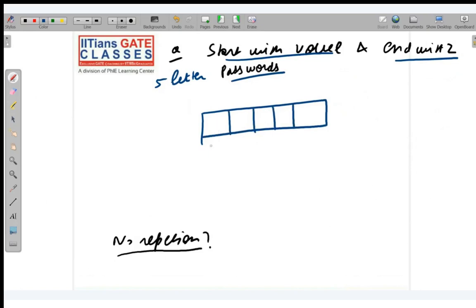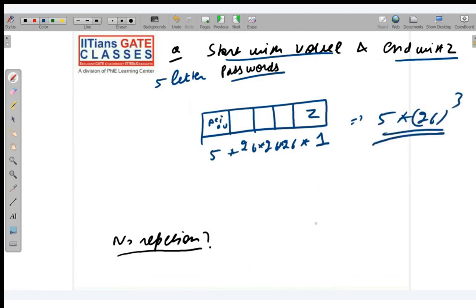I'm not writing them just to save time. Five possibilities here, all the vowels A, E, I, O, U. And end with Z, so only one possibility. So 26, 26, 26. Final answer is 5 into 26 power 3.